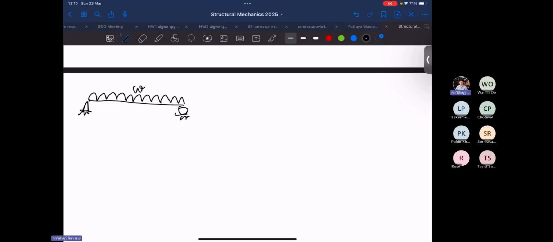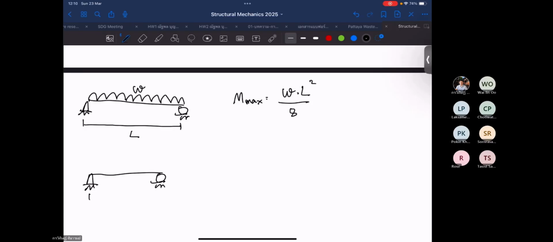If we have a uniformly distributed load all over the length like this, the maximum bending moment must equal omega multiplied by L square divided by 8. For example, a beam span of 4 meters and a distributed load of, let's say, 2 kilonewton per meter.